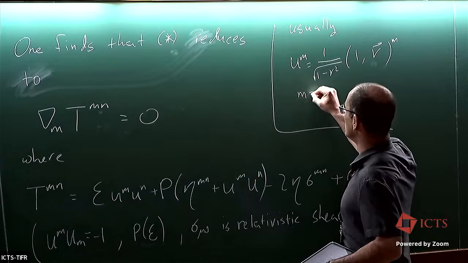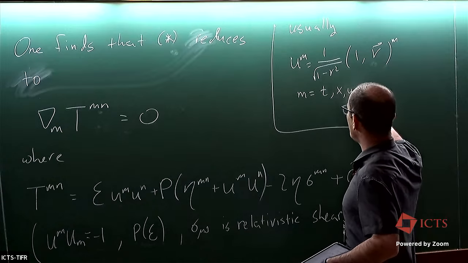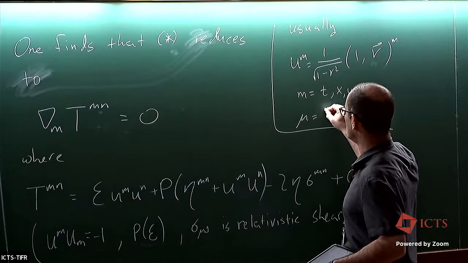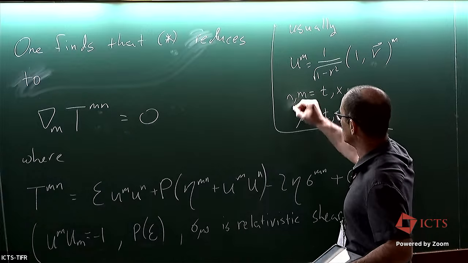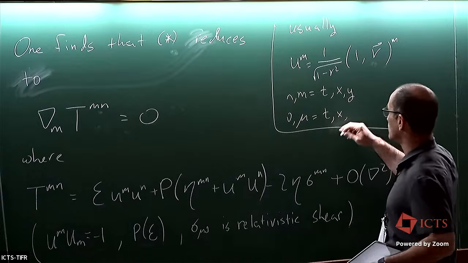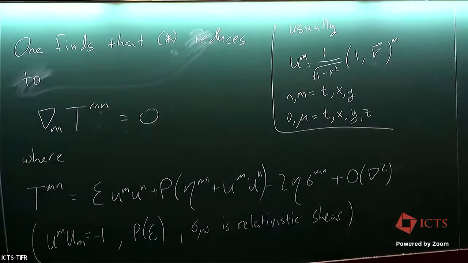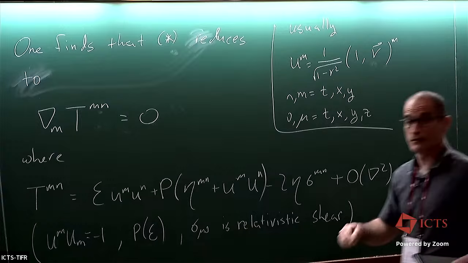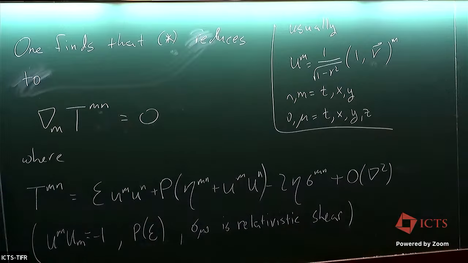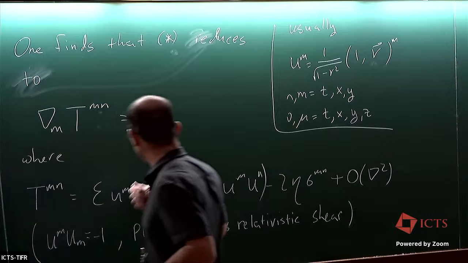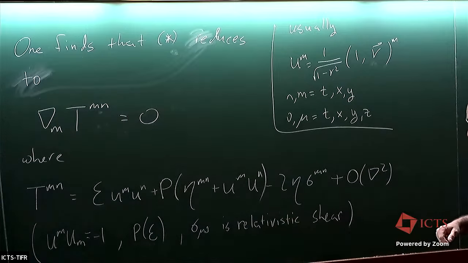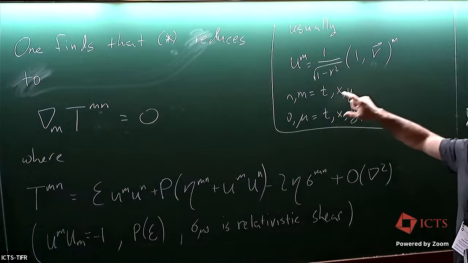So M runs over T, X, and Y, while mu, M and N, the Greek indices, run over this extra z direction. So even though, as you asked, the ansatz does include a z coordinate, one can solve for the z dependence, and the dependence on the t, x and y coordinates is here.